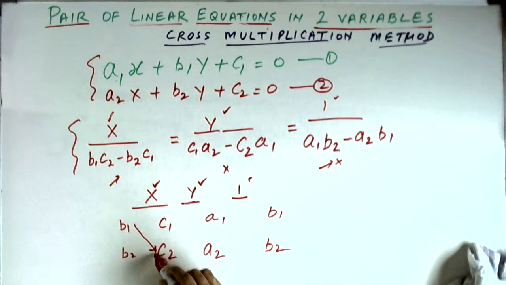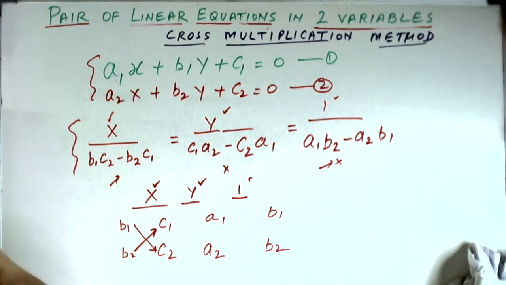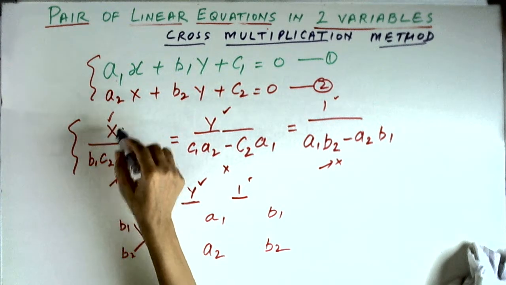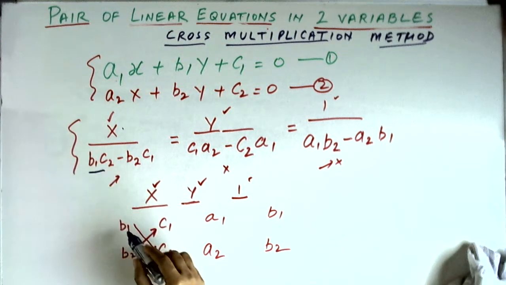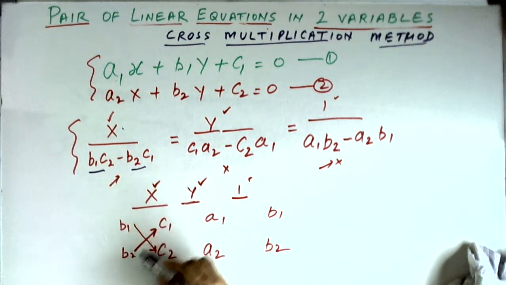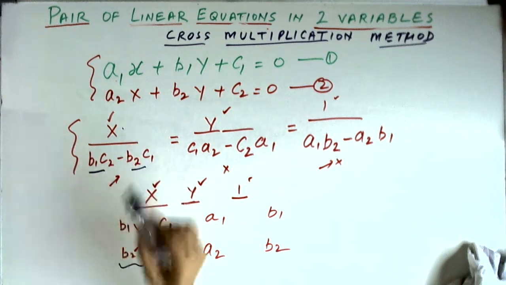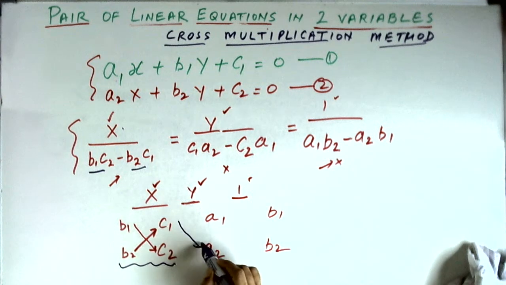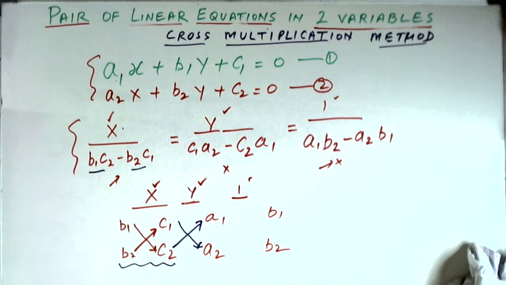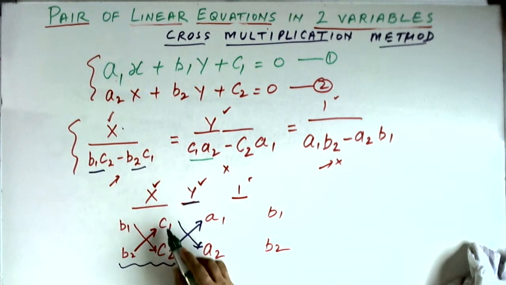And then we will do like this. Here you see under x, we have b1 c2 and then b2 c1. This is the representation of what we have in the denominator here. Similarly, for the denominator under y, this is how it will be: c1 a2 and c2 a1.